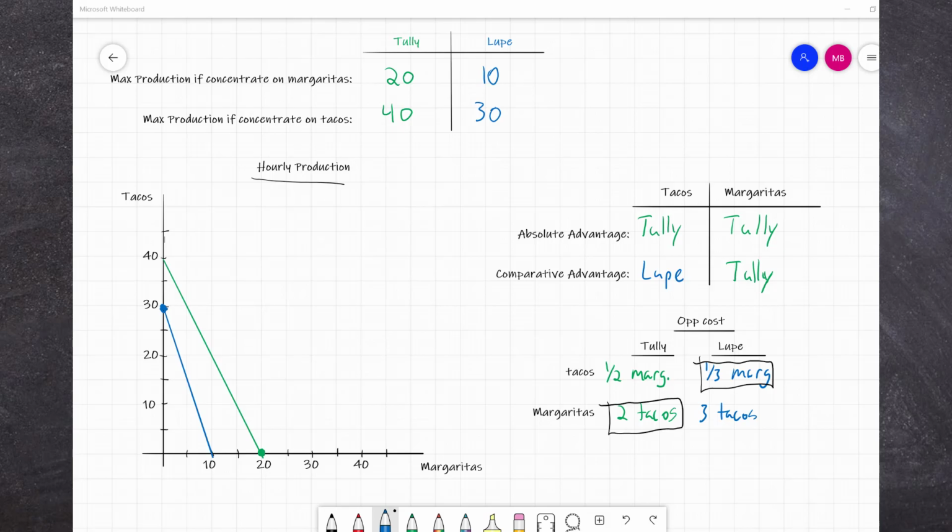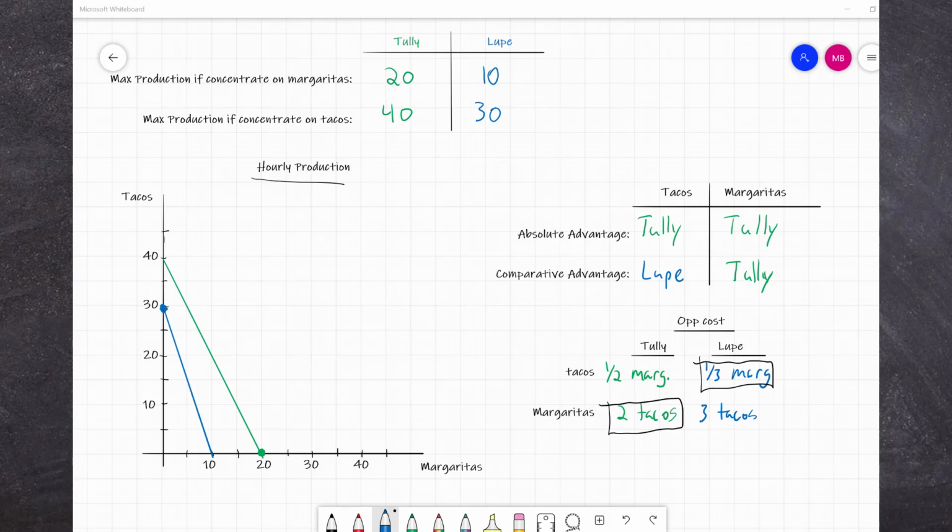Now we can put ourselves in Lupe's paws. The maximum that Lupe would give up for a margarita is 3 tacos, because that's her opportunity cost of producing a margarita. If she had to give up more than 3 tacos for a margarita, she may as well just be making margaritas herself.